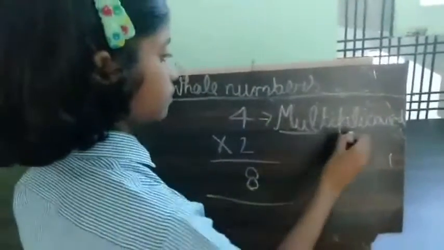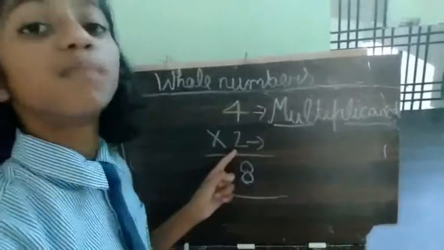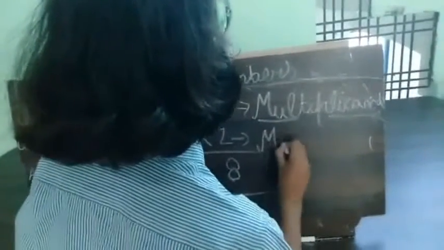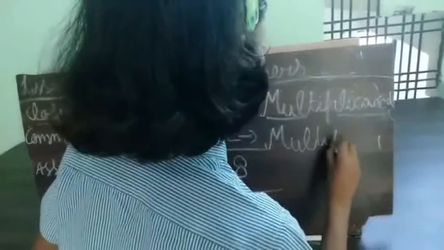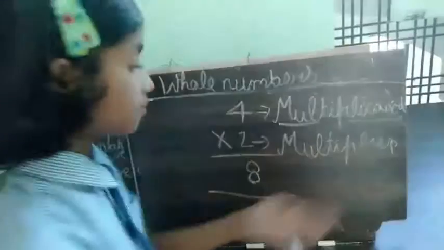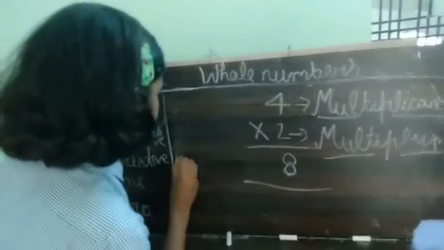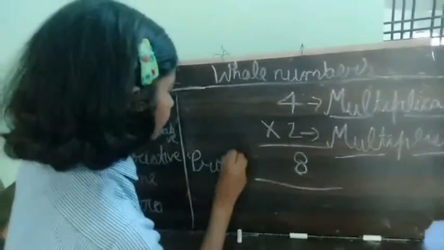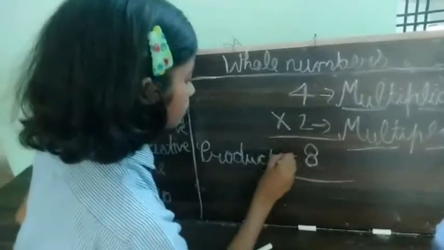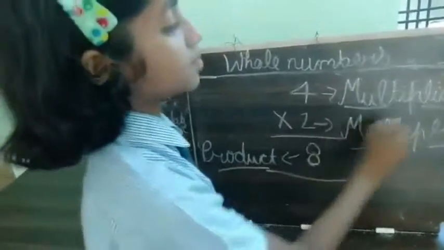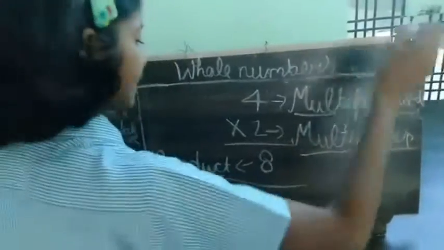This is called the multiplicand, and this is the multiplier. This is the product. This is the multiplier. This is the multiplicand.